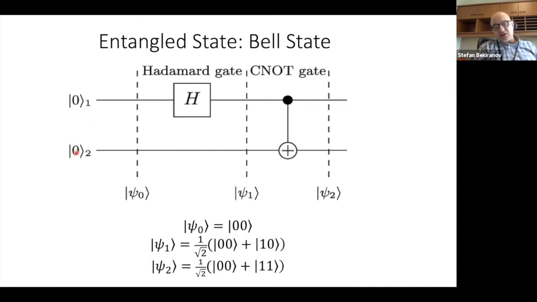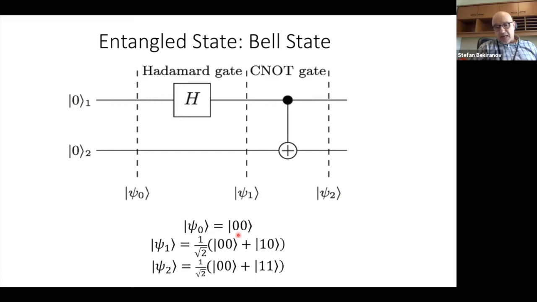So let's say now I start out with 2 qubits in the 0 state. I designate the quantum states before and after each gate operation with these psi vectors. So at psi 0, it's 0, 0, and this is another way of writing a 2 qubit state.